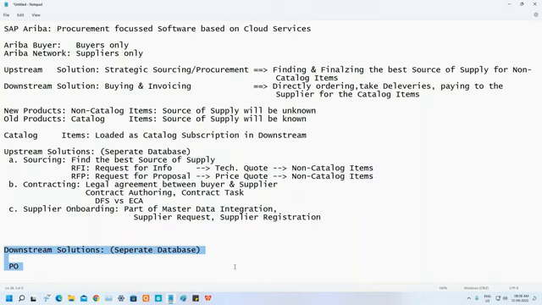Exactly. Now, how will we resolve this? The answer is pretty simple. We need the supplier to be copied into downstream as well. So how will we do it?